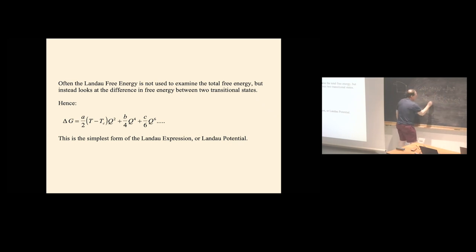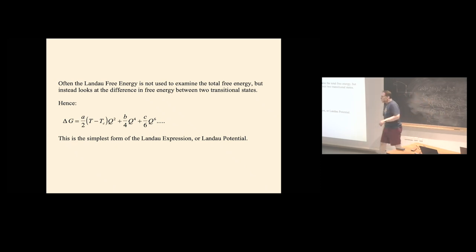We factorize that out, so it's Q times [A(T minus TC) plus BQ squared] equals 0. And all of a sudden, you either get Q equal to 0, which is always going to be a solution, or this bracket is equal to 0, in which case Q squared is equal to minus A over B times (T minus TC).